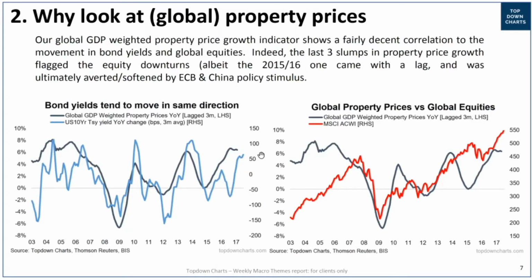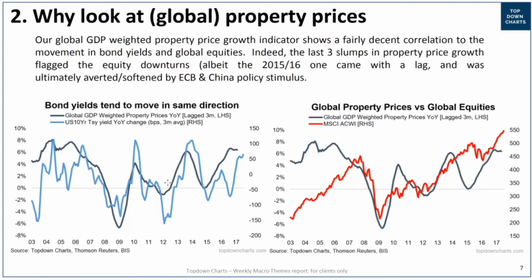And this is tracking it across the major economies, and we've given you a GDP weighted composite view. And you can see there that this lighter blue line is the year-on-year change in US 10-year bond yields. And you can see that there's actually a fairly decent correlation between the two. You'd actually expect that. You expect it for a number of reasons.